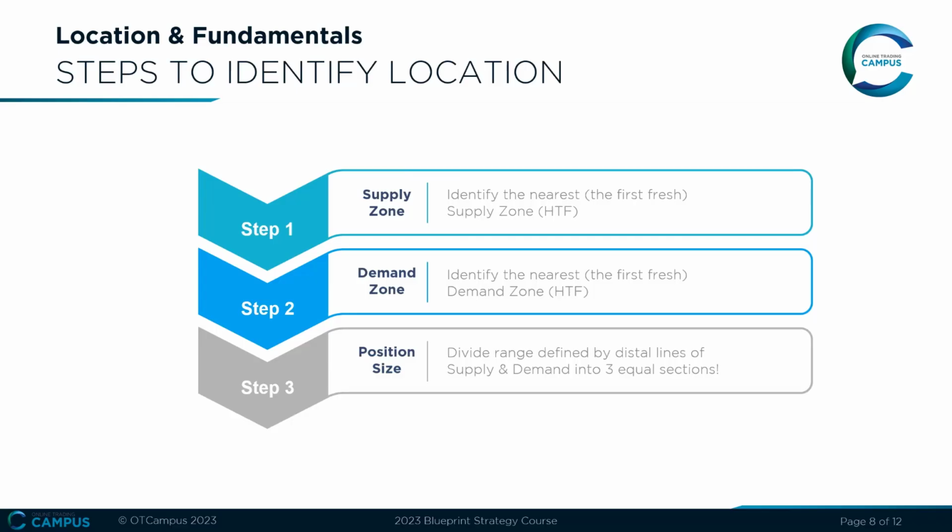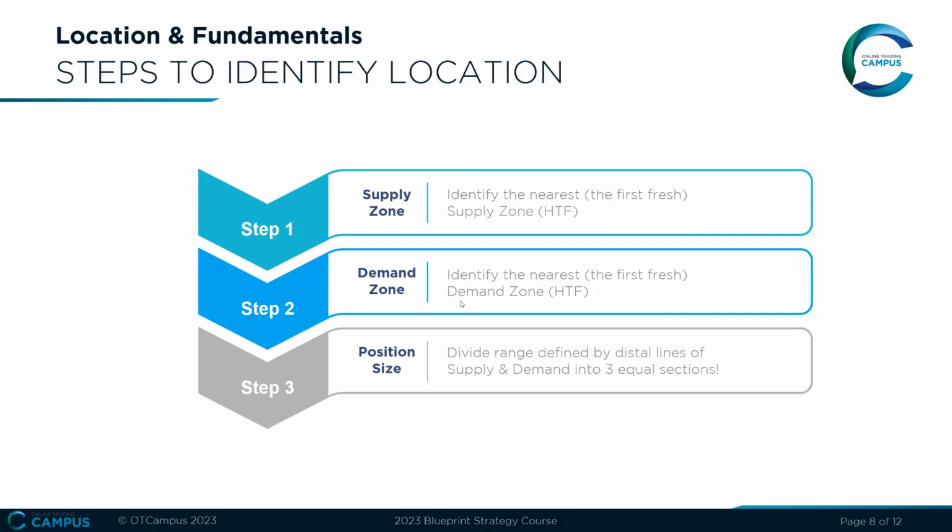Okay, we'll talk about freshness in a second, but we'll identify the nearest supply zone on a higher time frame. Then we'll identify the nearest demand zone on a higher time frame. Now, it doesn't really matter which one you do first. You could do demand first, you could do supply first. It really doesn't matter. In this case, we go top to bottom. So supply first, top, and then demand later, second.